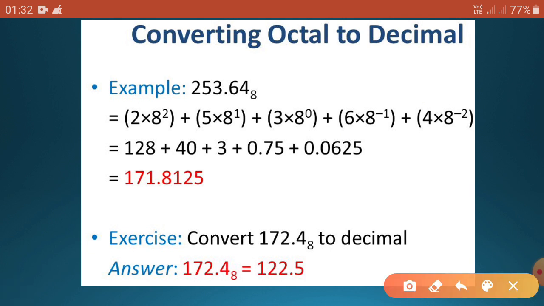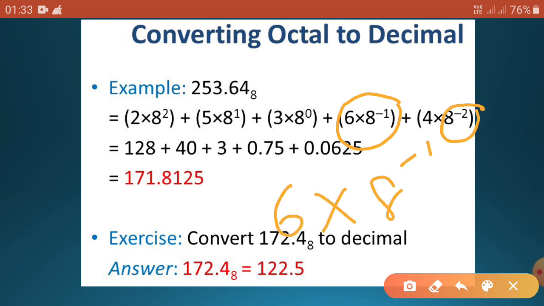If you look at this example, you will see that if the number is after the decimal point, we have to multiply starting with 8 to the power minus 1. 6 into 8 to the power minus 1, that means 8 inverse, it gives us 6 into 1 by 8, that gives us 0.75.